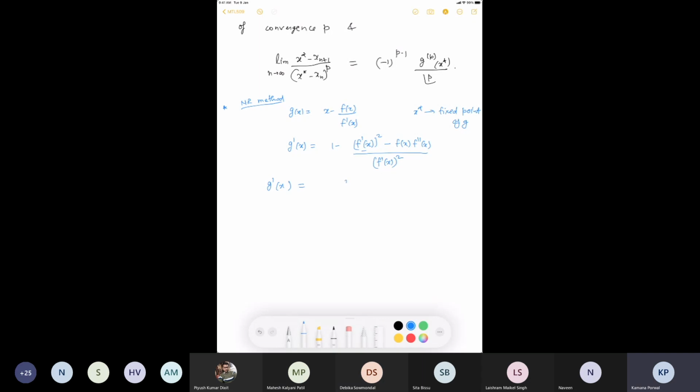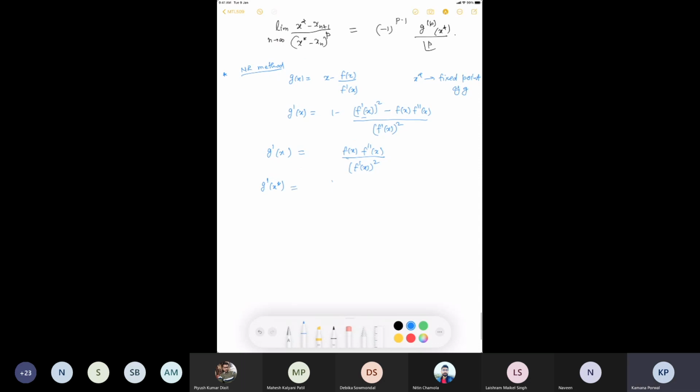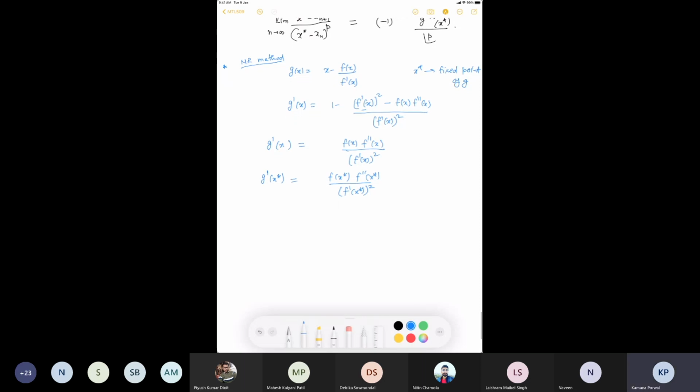So we are left with f(x) into f double prime of x divided by f prime of x squared. Okay. So if you substitute x equal to X star, what we get is f of X star into f double prime of X star divided by f prime of X star squared. And f of X star is anyway 0, right? So this is going to be 0.